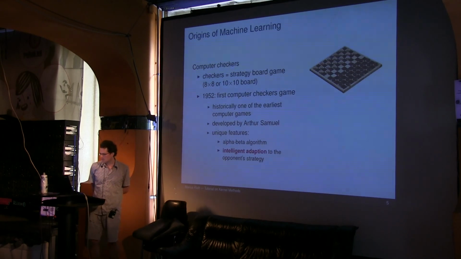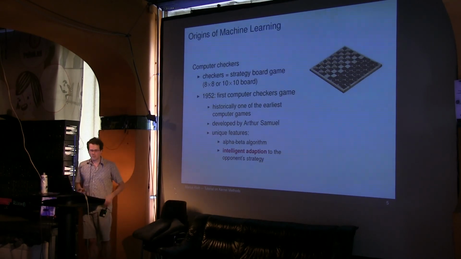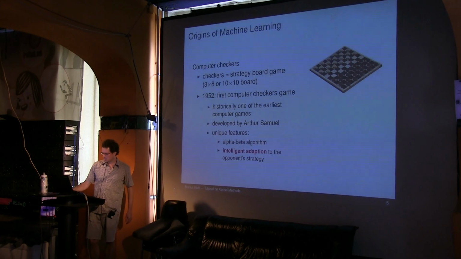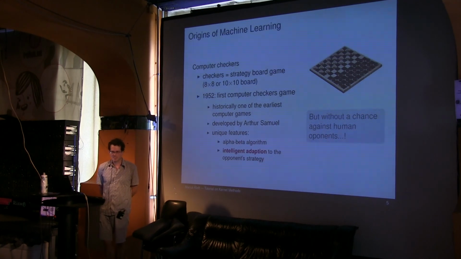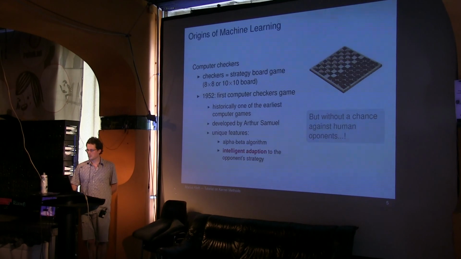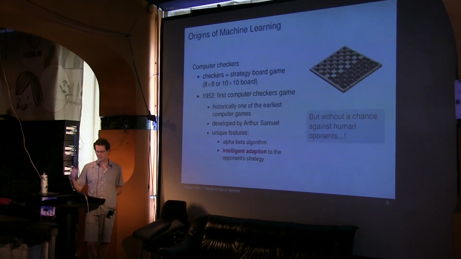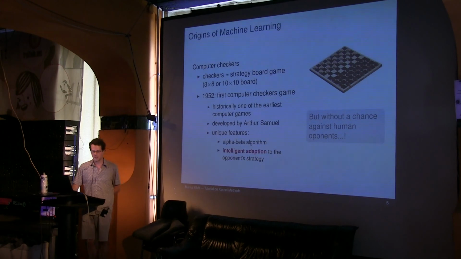So this is, of course, the origin of machine learning, essentially. But this program actually didn't have any chance against human competitors. So, I don't know, but it has improved over the years. So now humans have, of course, no chance against computer checkers programs. I mean, they don't have even a chance against computer chess programs, right?